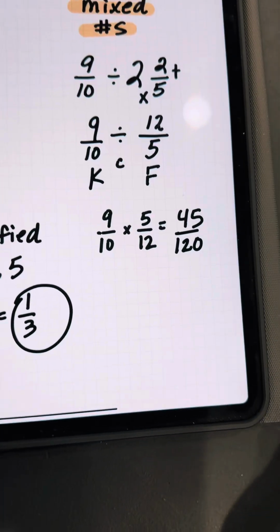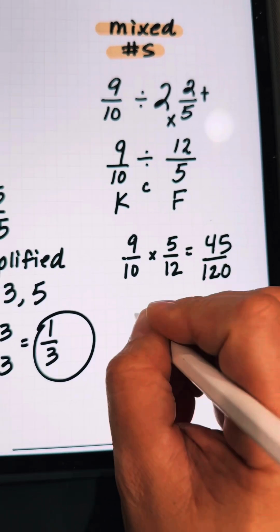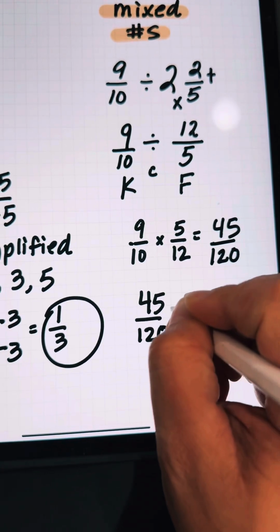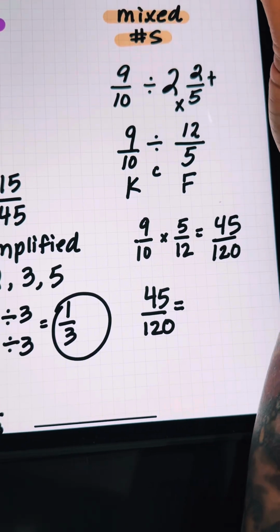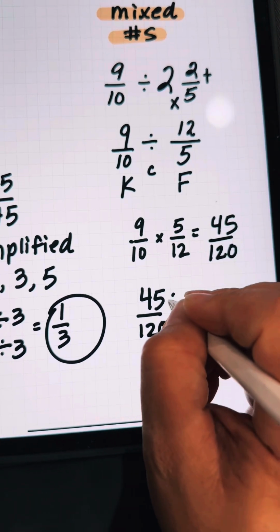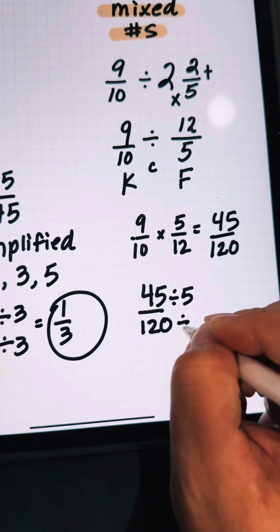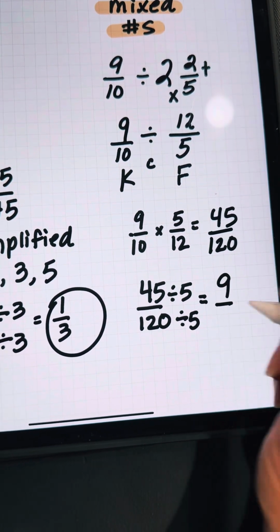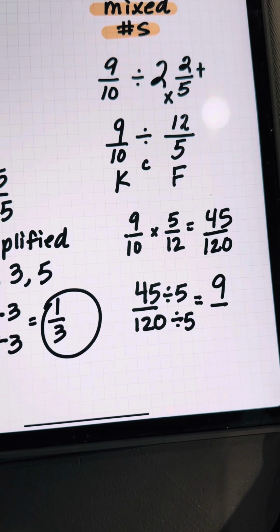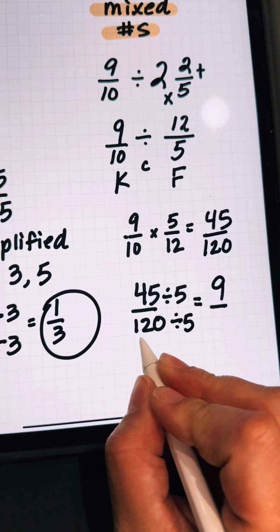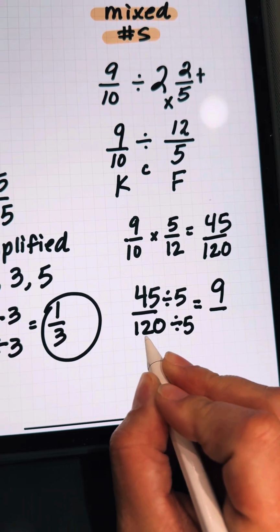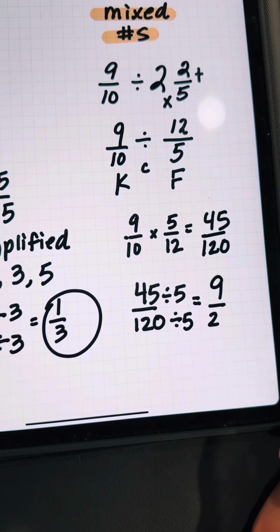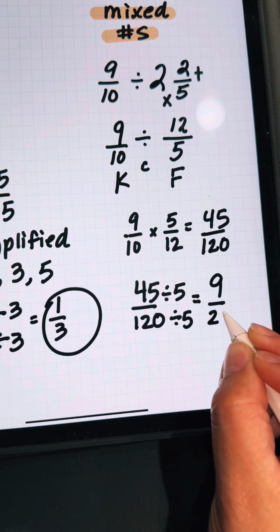And I know that that can be simplified. I think they both divide by 5. 45 divided by 5 is 9. 120 divided by 5, well, let's see. 5 goes into 12 twice, and we have 1 left over, so 4.